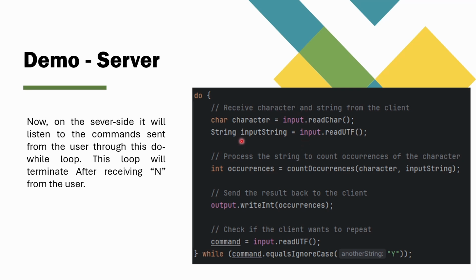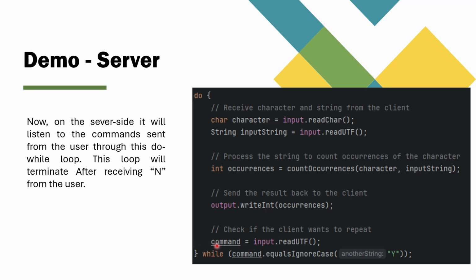In similar fashion, we'll read a string. Then we will pass our character and string through the countOccurrences method, which counts the character occurrences in the string. We will show it in the next slide. After we get the result, we will send it back through an output stream object to the client.